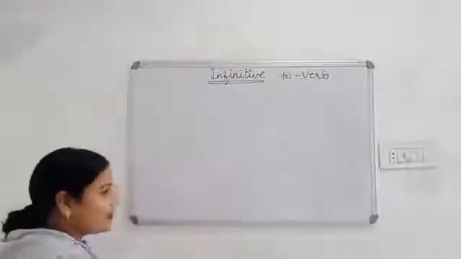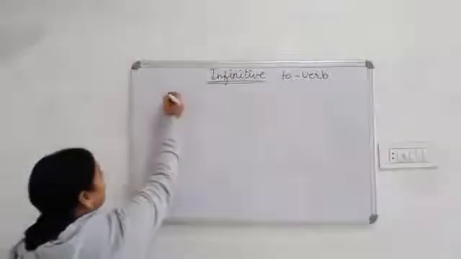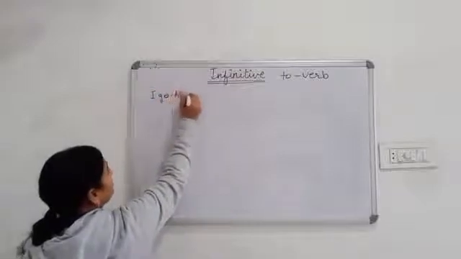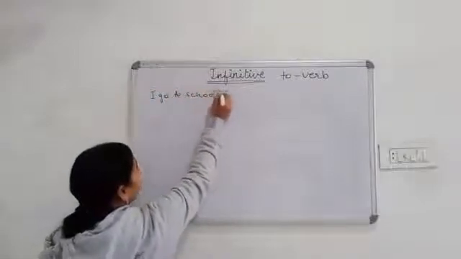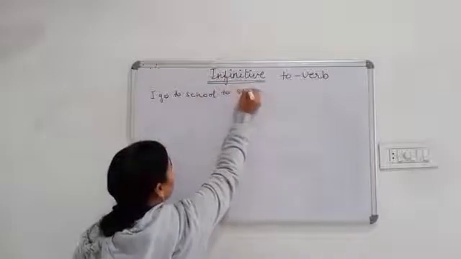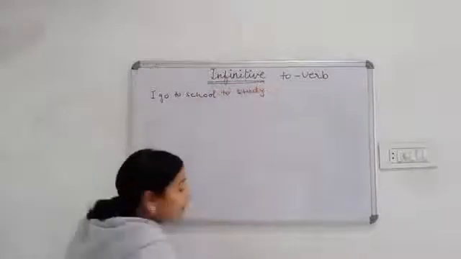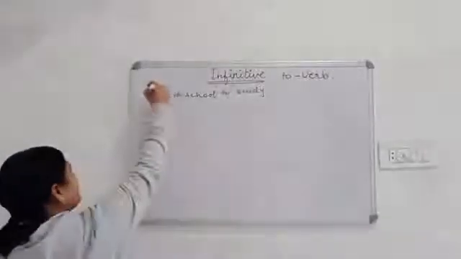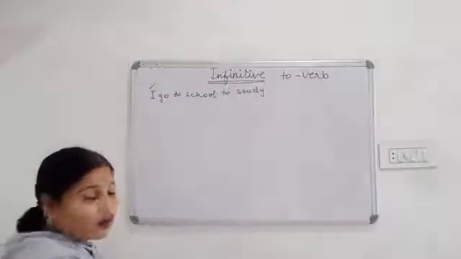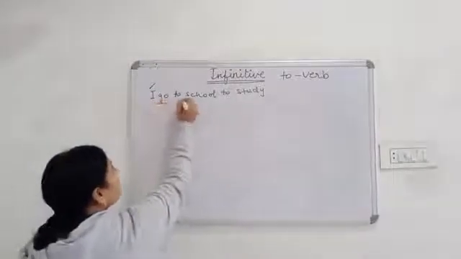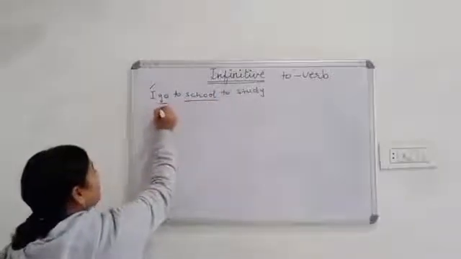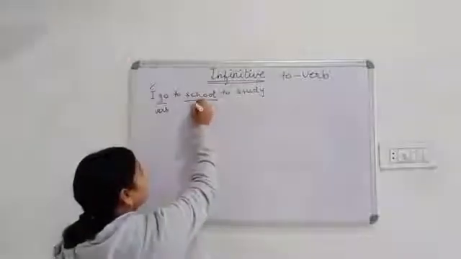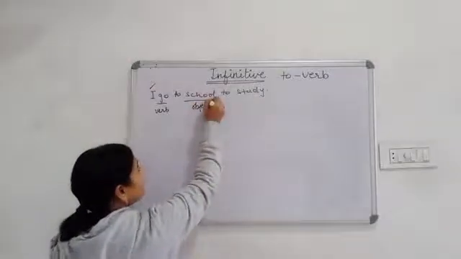Suppose just now we did one example and I told you, I go to school to study. Now children, see in this sentence, I is the subject, go to school, where go is the verb and school is the object.